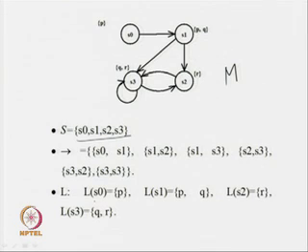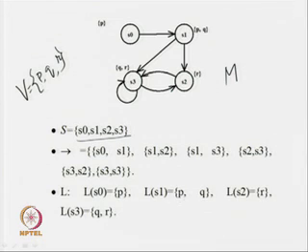Now, what happens in this model? We have the set of atomic propositions as P, Q and R. The labeling function says L of S0 is P. That means atomic proposition P is true in S0, and indirectly it means Q and R are false in S0.